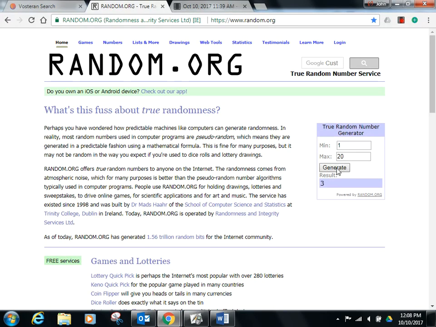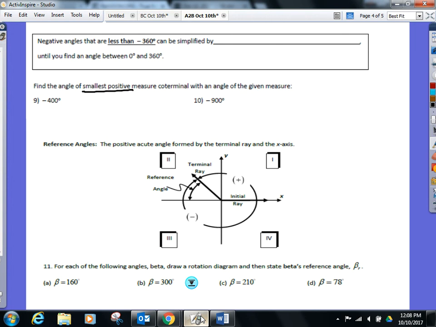Megan again. What do you think I can do? Add 360 to it. Yep. But what's the problem here, guys? What do you get? Negative 40 degrees? Does that follow the directions? No, it said smallest positive. That's negative. So again, keep adding 360 until I end up with it.